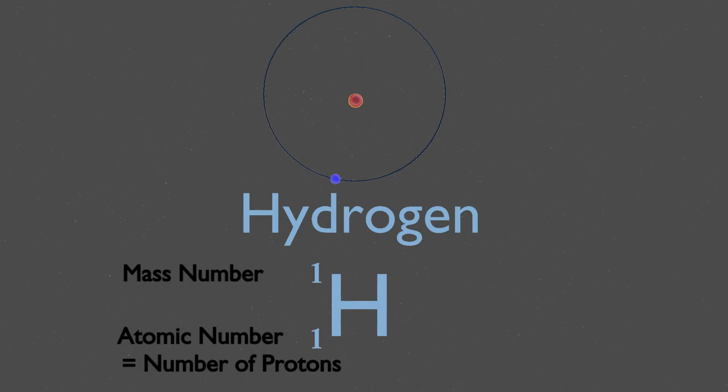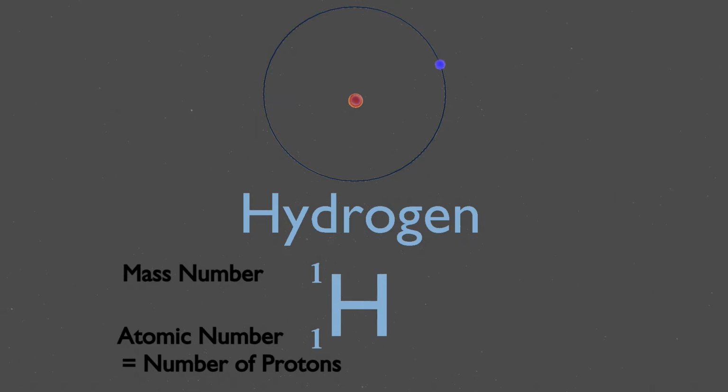The mass number is the general mass of the element in atomic mass units, or Daltons, and that is going to describe the nucleus, because the electron is so small it's usually not going to make any difference on the mass number. So hydrogen has a mass number of 1 because it only has one proton.